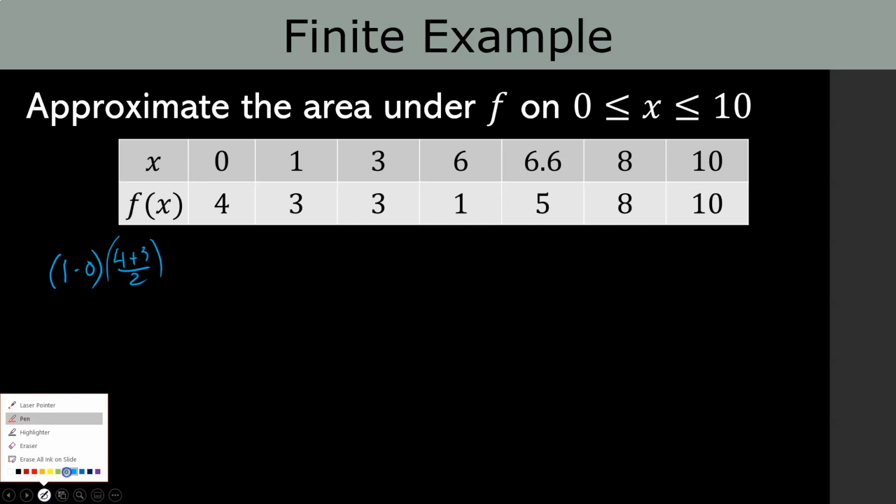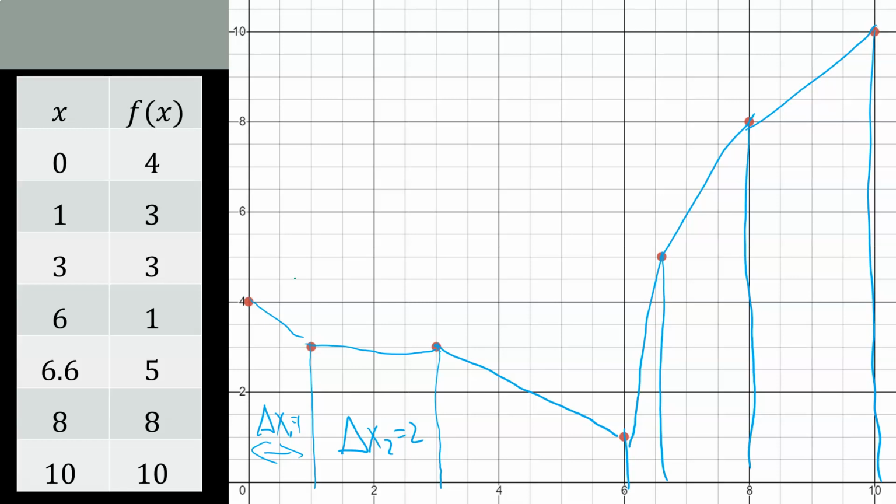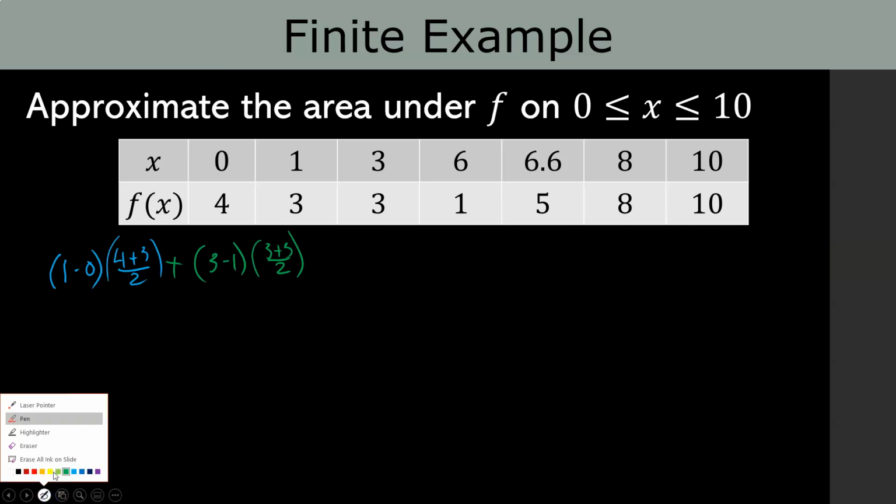Then our second trapezoid has a width of 3 minus 1 and a height of 3 plus 3 divided by 2. So we're just using the trapezoid formula without thinking, even though we already know that's a rectangle, since the two y values are the same.